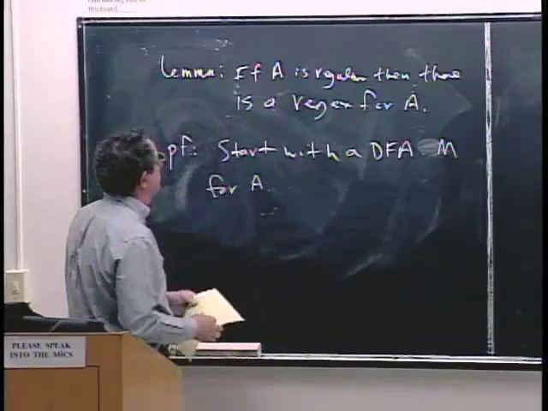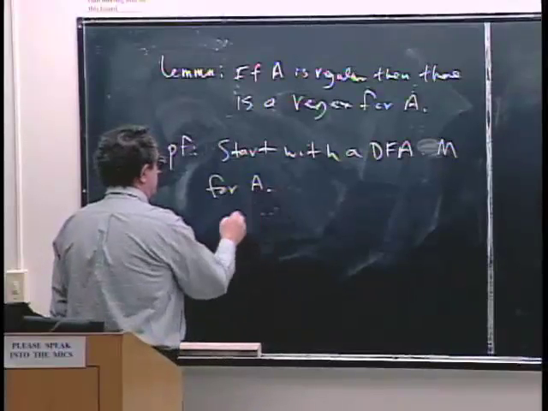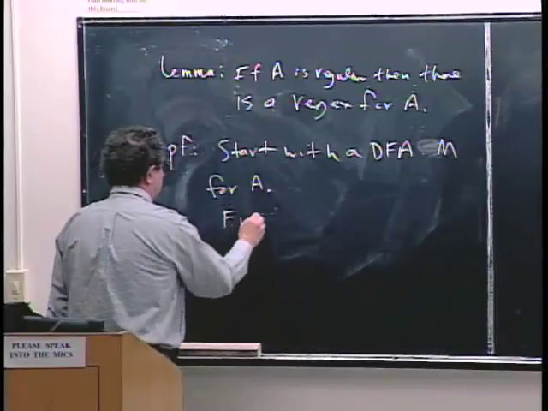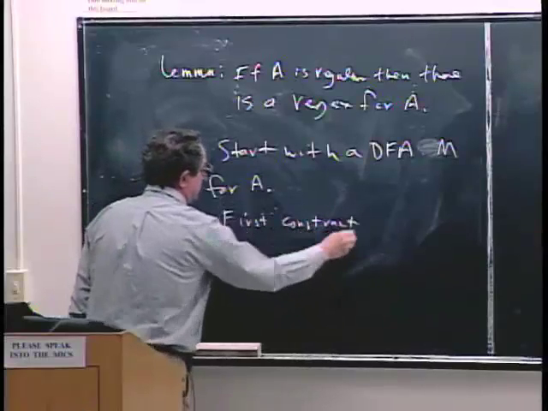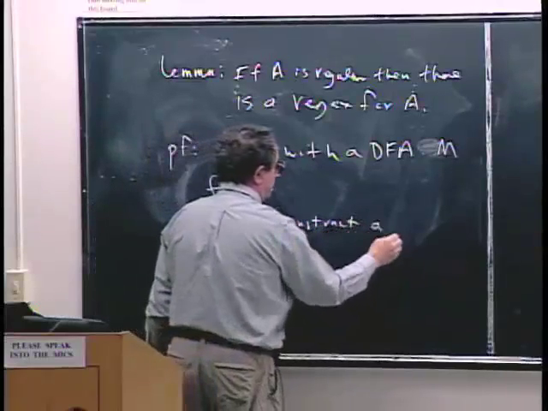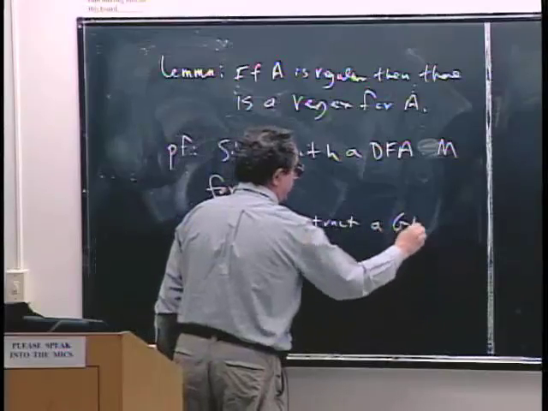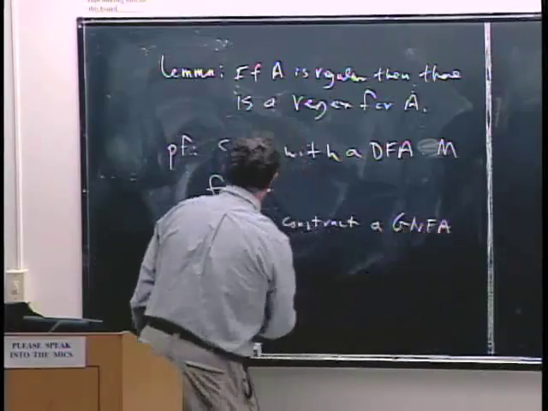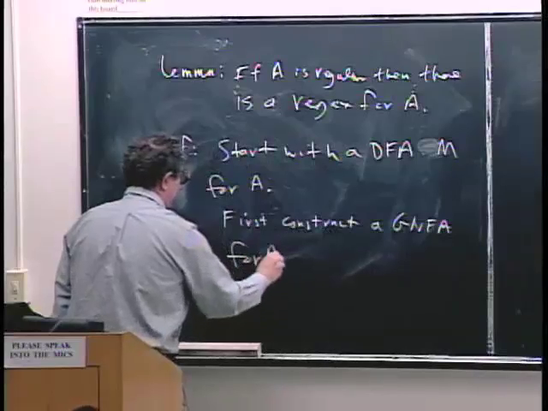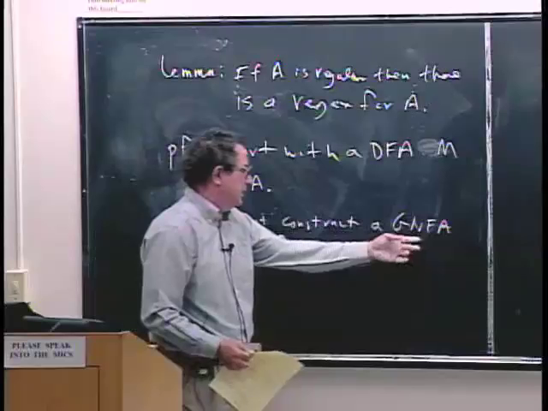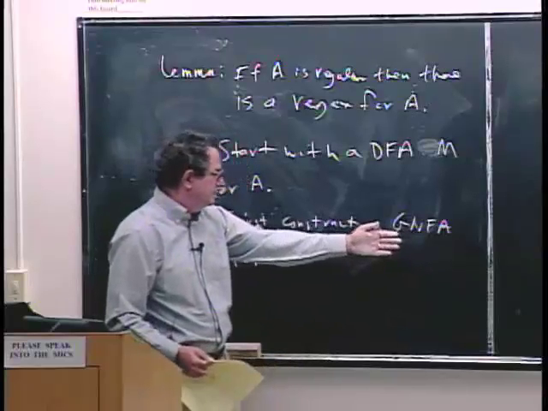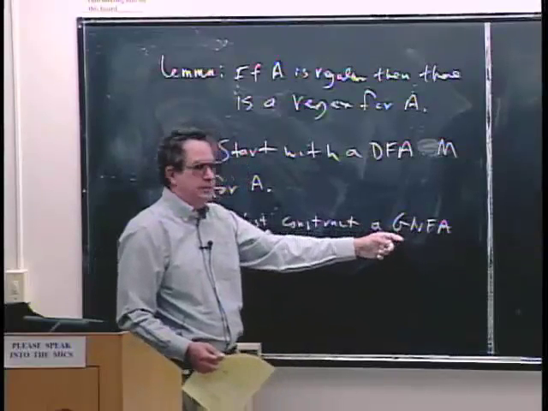And the first thing we're going to do is construct what's called a generalized NFA for A. So we're going to be building a certain kind of NFA, but it violates some of the rules.